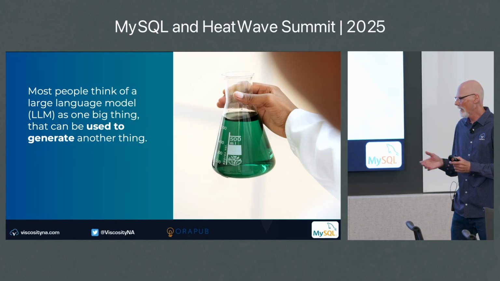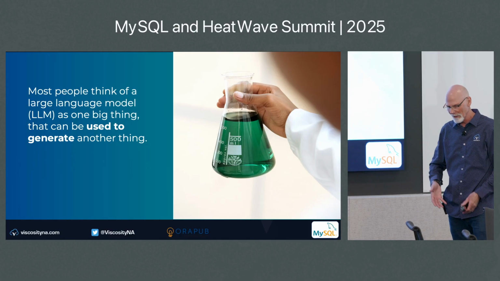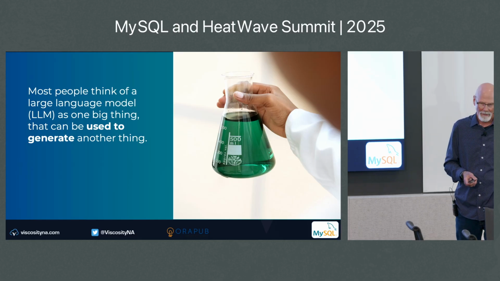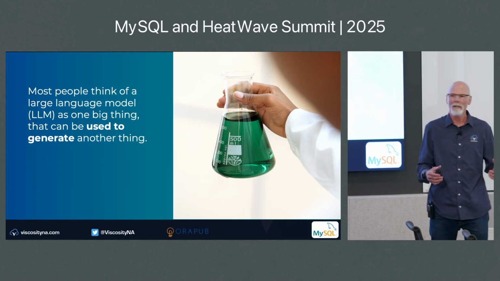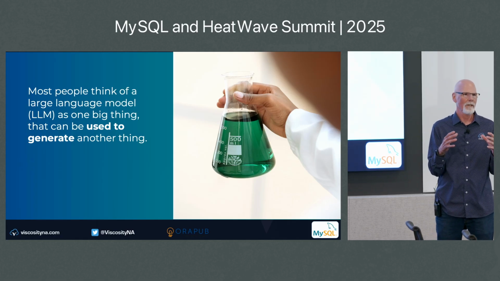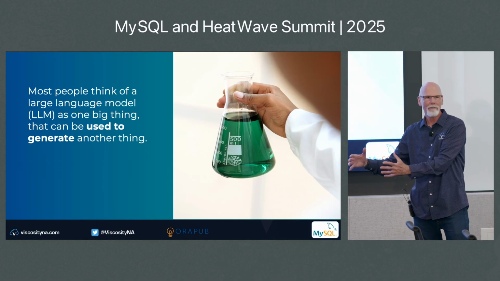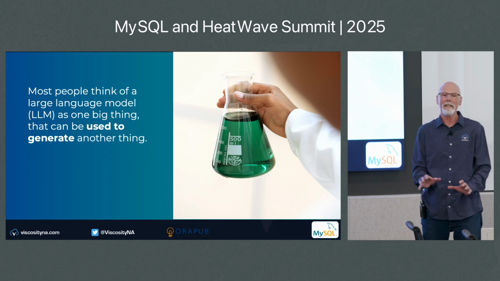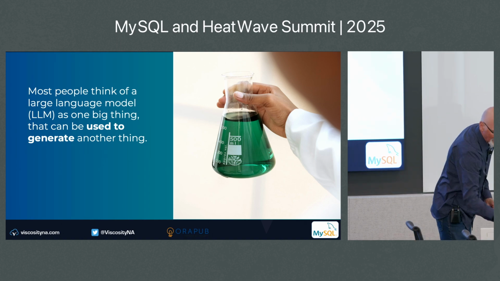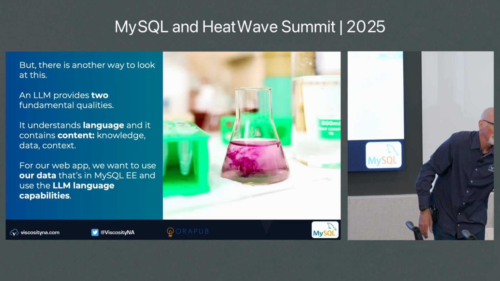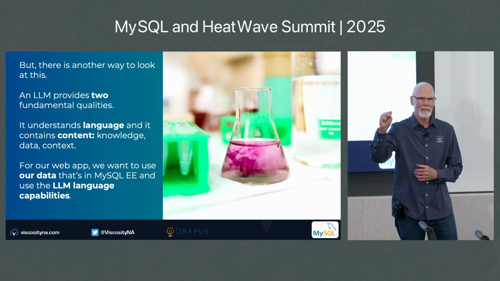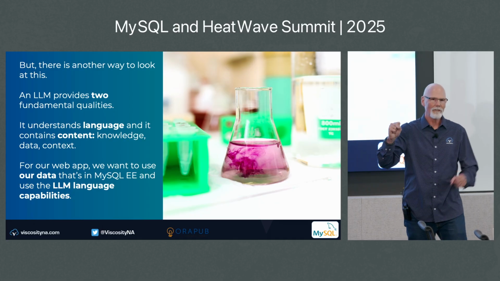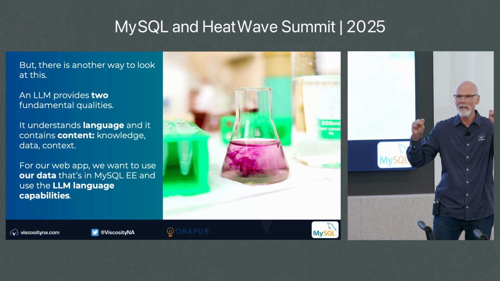All right, so I'm going to go high level, low level here. I'm going to start with this. Most people look at a large language model, LLM, like just one big thing used to generate another thing. But it's really convenient when we look at it split. An LLM has really good language capabilities, and it also has a lot of knowledge, a lot of context.